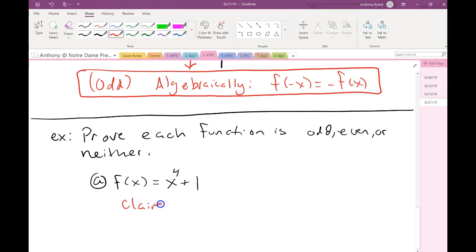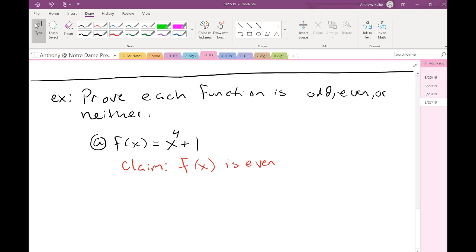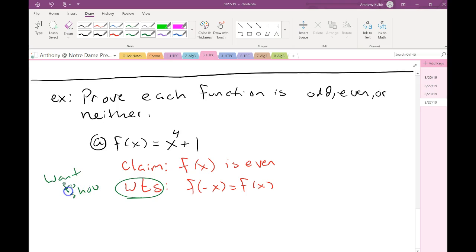So we're going to claim that f of x is even. To prove that, we want to show that f of negative x equals f of x. So WTS is, again, a common mathematics abbreviation.